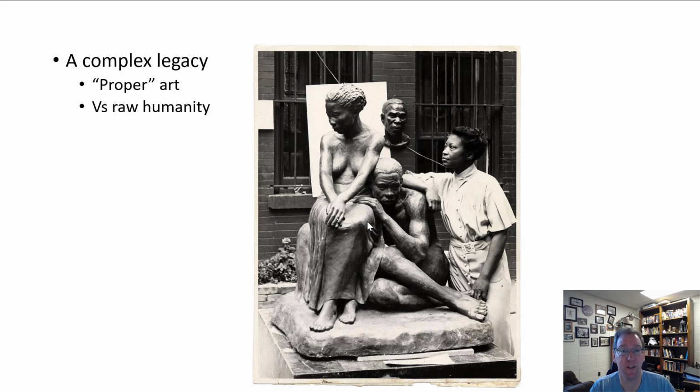At the same time, there's what may be referred to as low art. I don't know the terminology there, but I kind of like the raw humanity descriptor for it. At the same time, the Harlem Renaissance, through Ma Rainey and Bessie Smith, and Langston Hughes and Claude McKay. Claude McKay is a poet. He wrote a poem called If We Must Die.